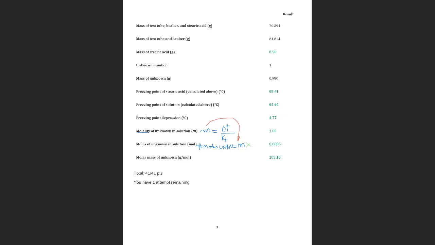Is it the kilograms of the solvent? Yes. Awesome. Kilograms of solvent.